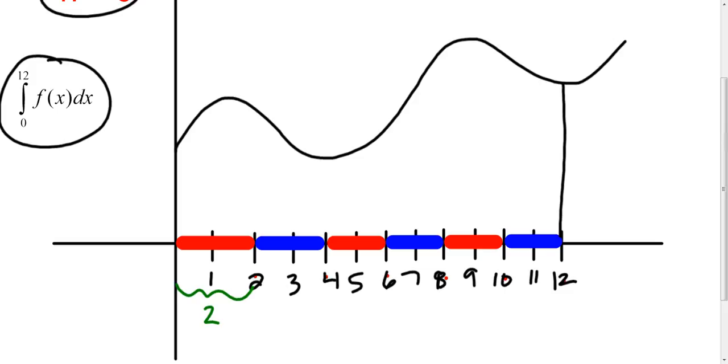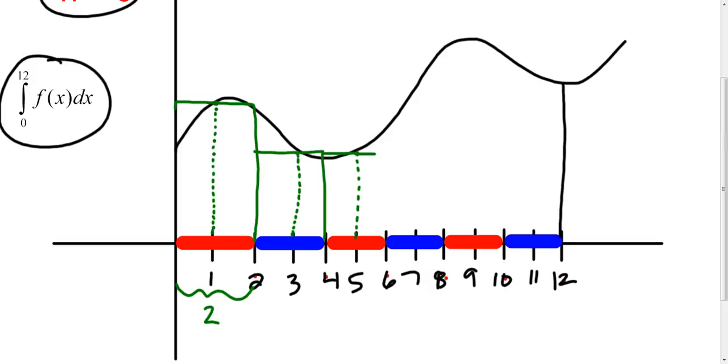What I would do is take the midpoint of that region, draw a line straight up until I hit the curve, and then make a rectangle out of that point. So it would look something like this. And I would go here and straight up until I hit the curve, and make a rectangle out of that point. And I go here, straight up till I hit the curve. You can kind of see what's shaking down. You can continue that process. That's if you do the midpoint.